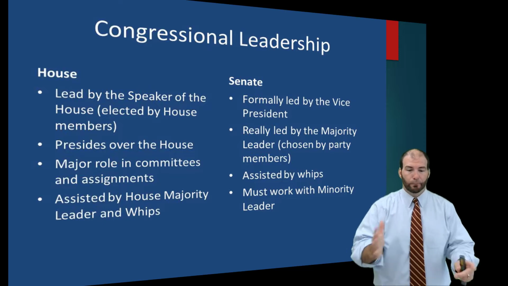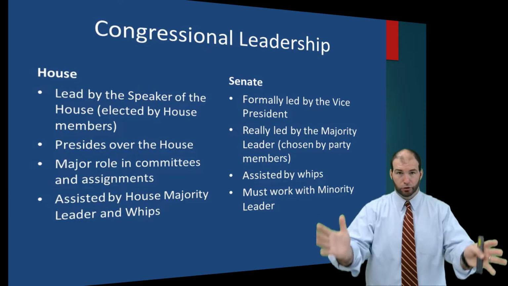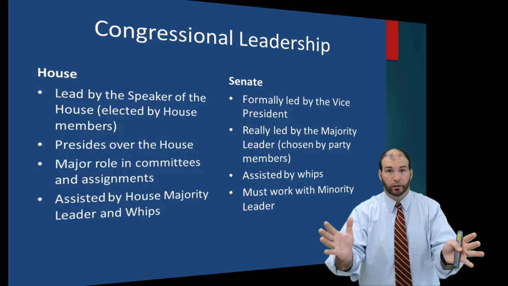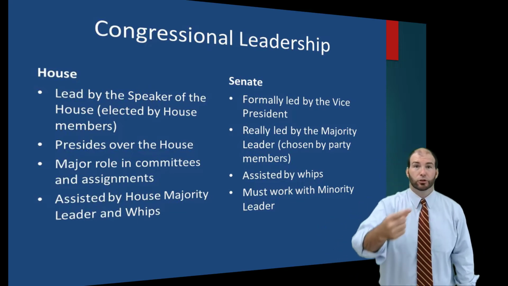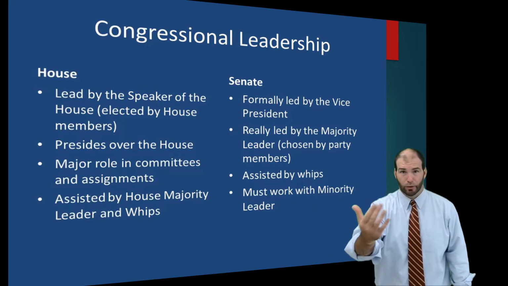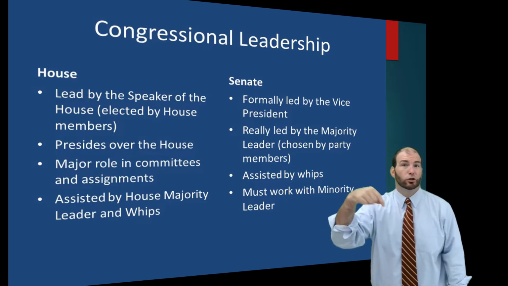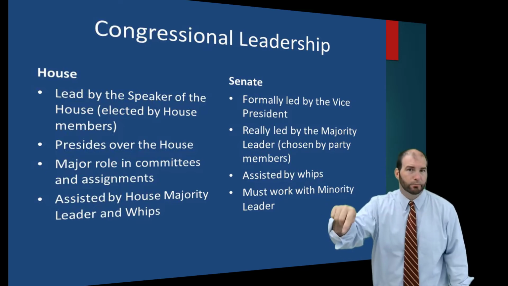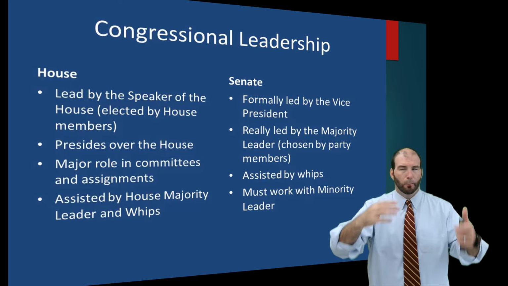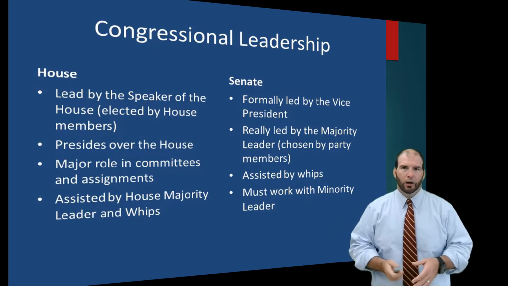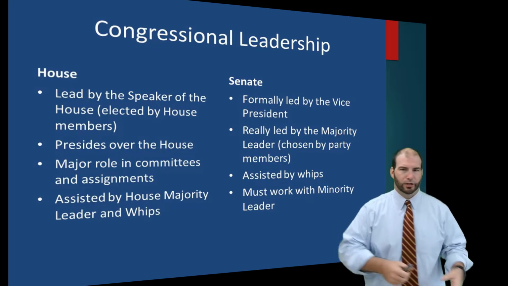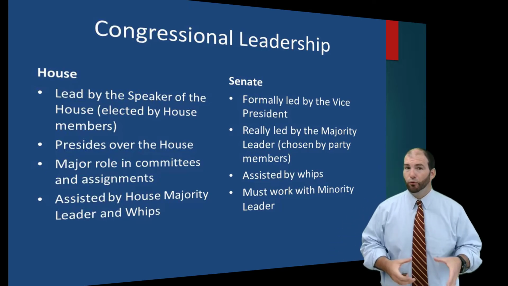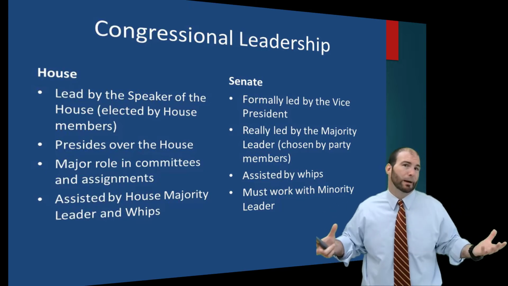So when one political party has the majority in the House or the Senate, they pick who's in charge of the entire House, and then that person picks who's in charge of the committees, which is almost always somebody from their own political party. Because of that, having the majority in the House or the Senate is very important for your political party to have as much power as possible.